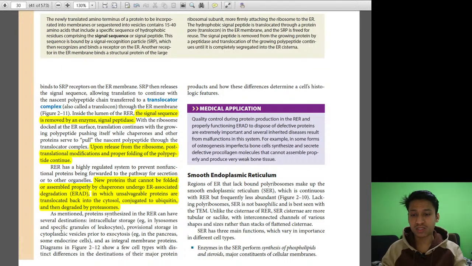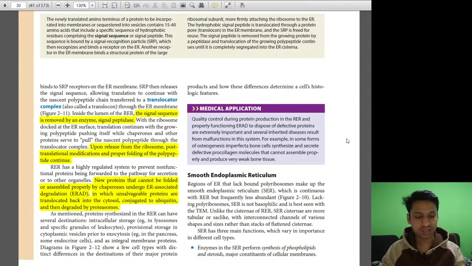Provisional storage in the cytoplasmic vesicle prior to exocytosis, example in the pancreas and some endocrine cells, and as integral membrane proteins. Diagram in figure 2.12 shows a few cell types with distinct differences in the destination of their major protein products and how these differences determine cells' histologic features.